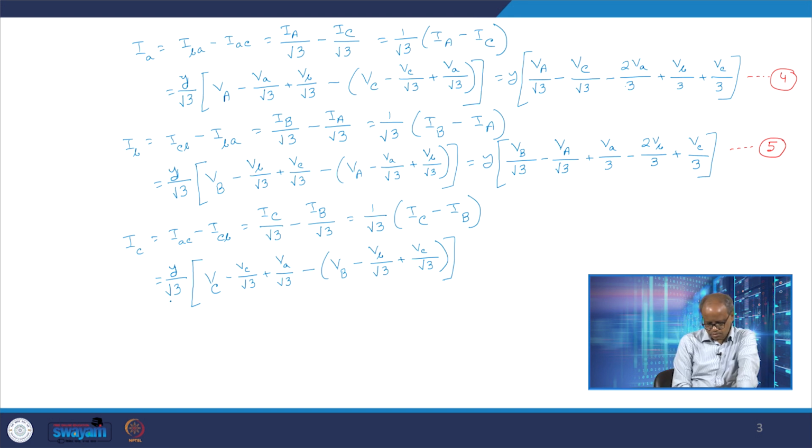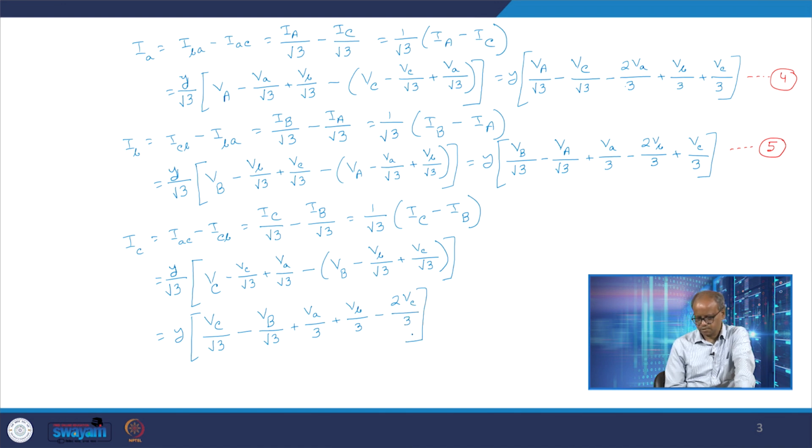So this is given as Y times V capital C by root 3 minus V capital B by root 3, and then VA by 3, then minus minus plus plus VB by 3, and then minus VC, so twice V small c by 3. So this is equation number 6.